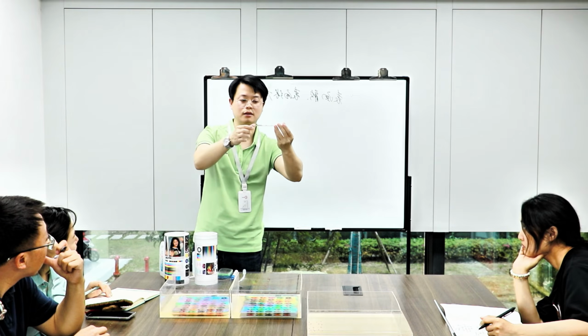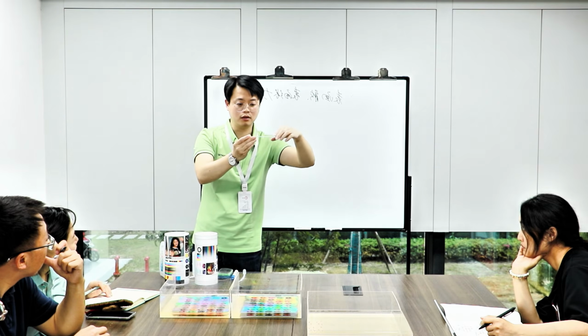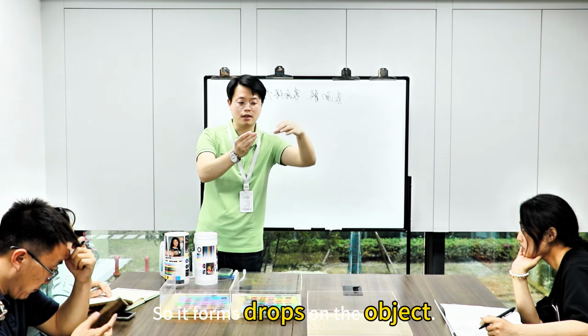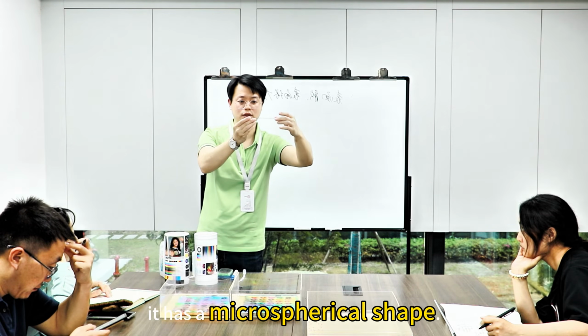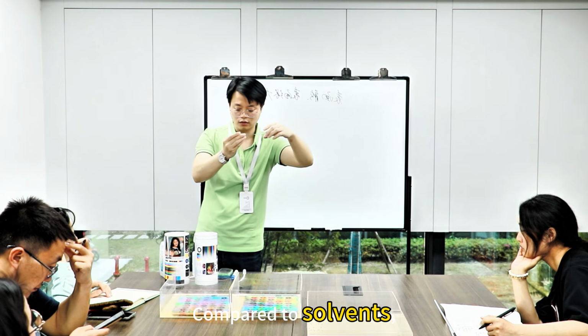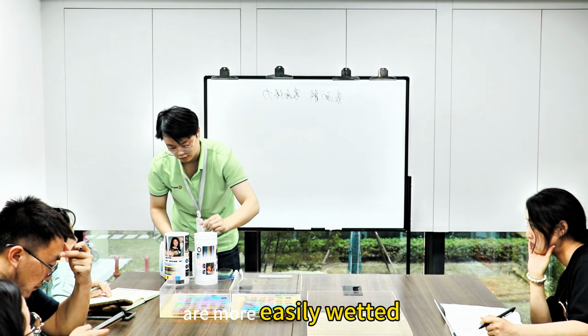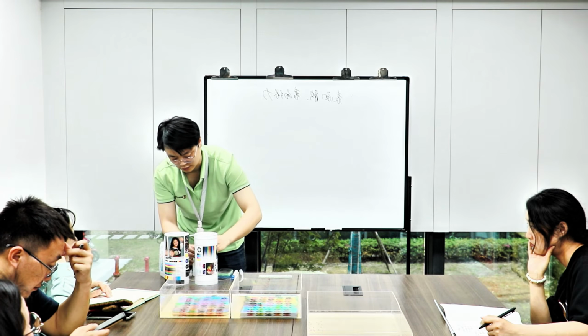The glass has a higher surface energy, and its polarity with water is also relatively high. So the liquid droplet on the object forms a microspherical shape. Compared to solvents, oily substances are more easily wetted. That is, it has a large contact area with the object.